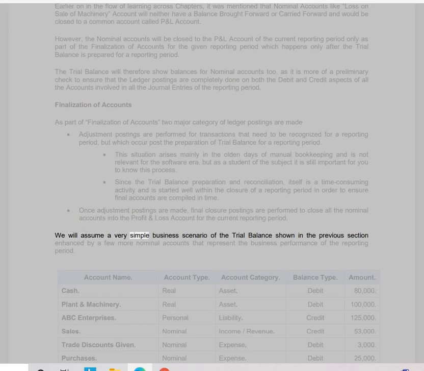We will assume a very simple business scenario of the trial balance shown in the previous section, enhanced by a few more nominal accounts that represent the business performance of the reporting period.